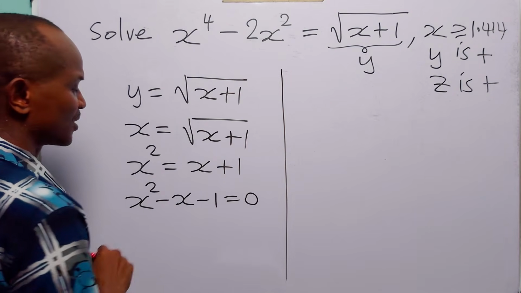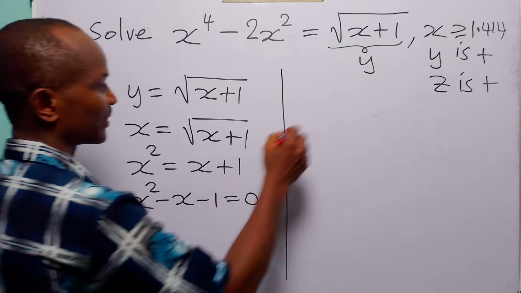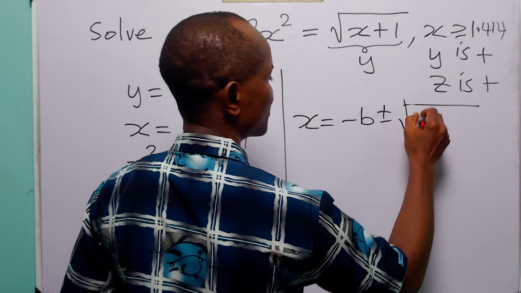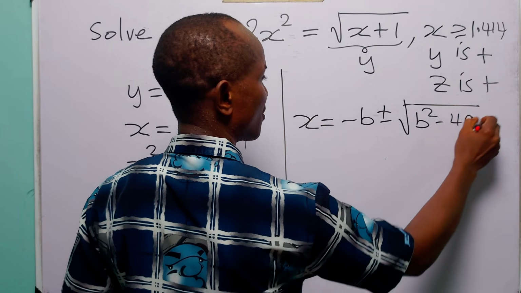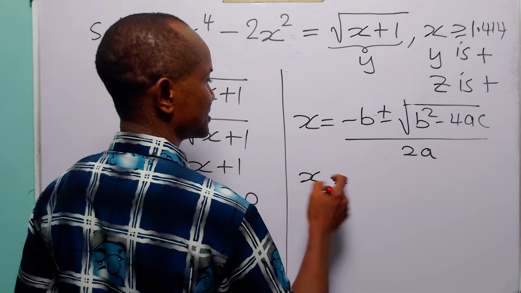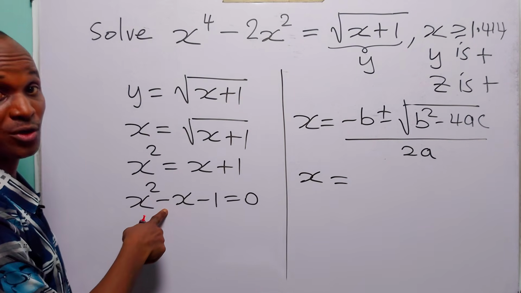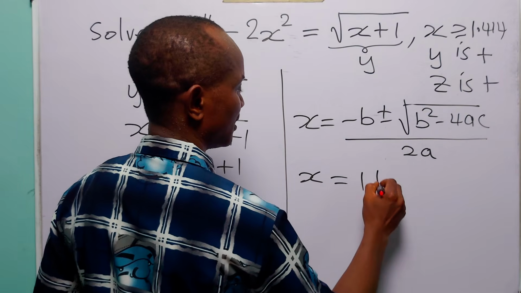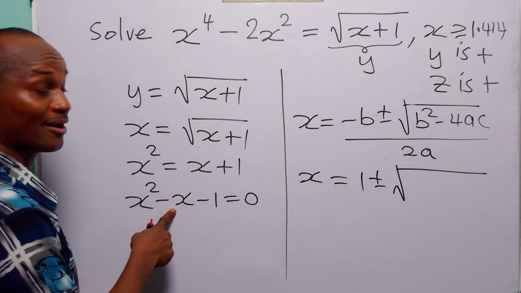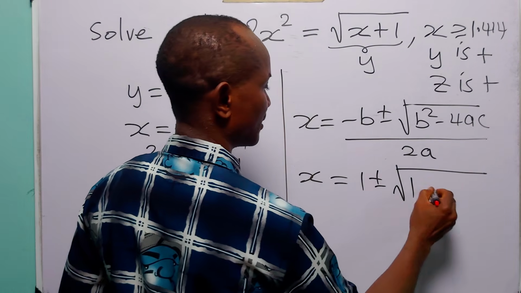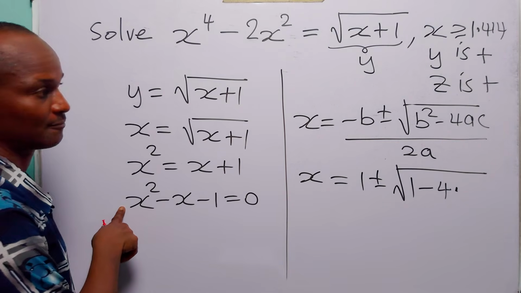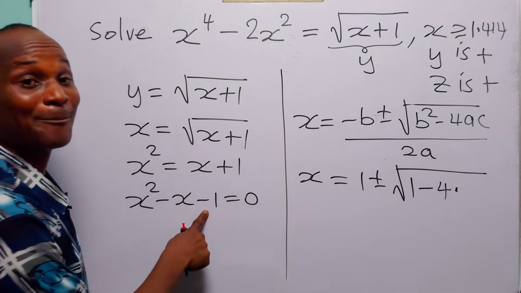Now we can solve this equation using the quadratic formula. We have that x is equal to minus b plus or minus the square root of b squared minus 4ac, divided by 2 times a. x is equal to minus minus 1, which is 1, plus or minus the square root of b squared, which is minus 1 squared, which is 1, minus 4 times a, which is 1, and c, which is minus 1.